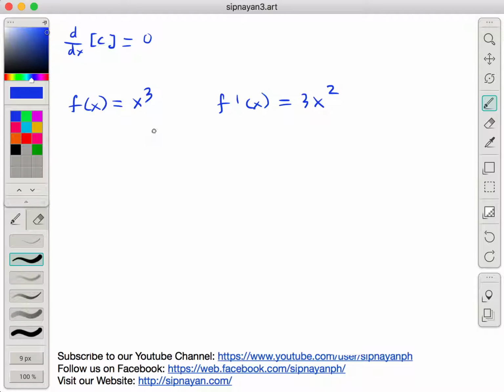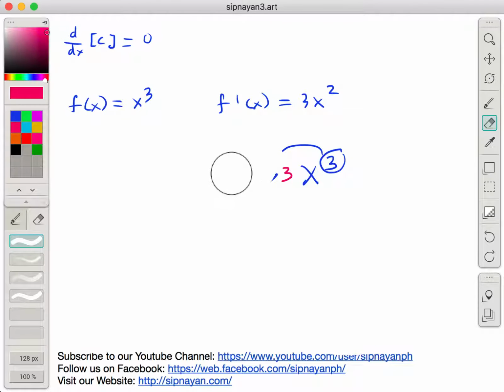So, ang nangyari dyan, yung 3 ay nilagay natin dito. Mali yung arrow, but anyway, you understand the idea. Nilagay natin yung 3 dito. Tapos, yung 3, nagbawas tayo ng isa.